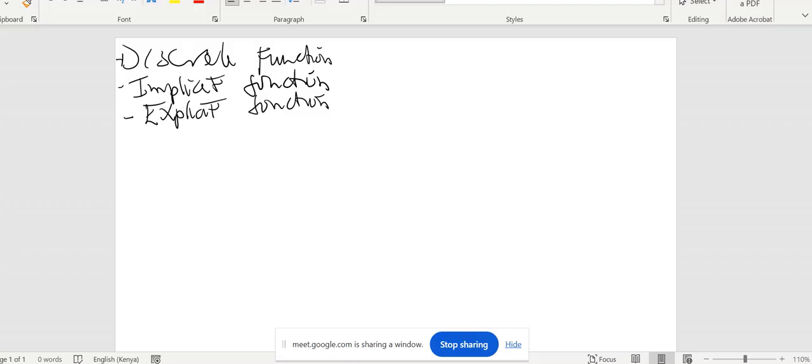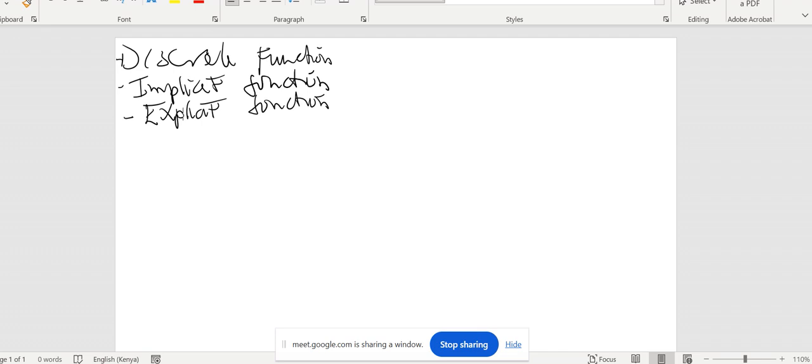Those are other functions which you can look at.